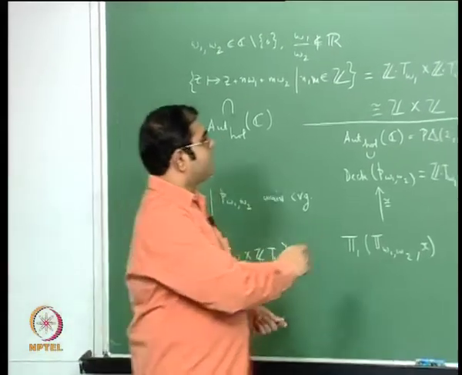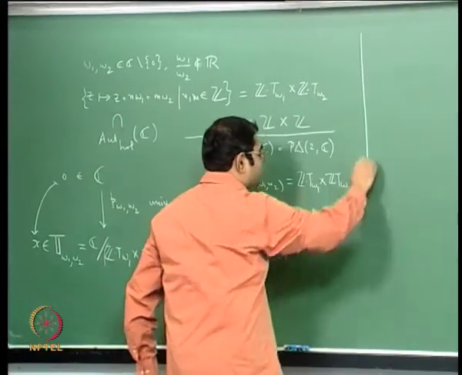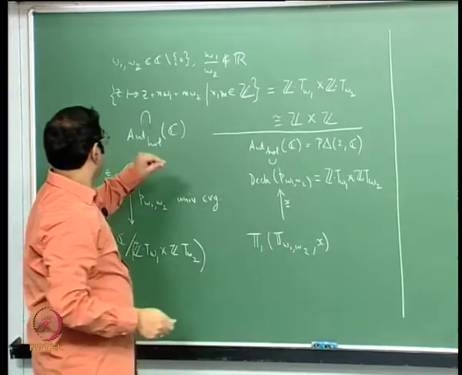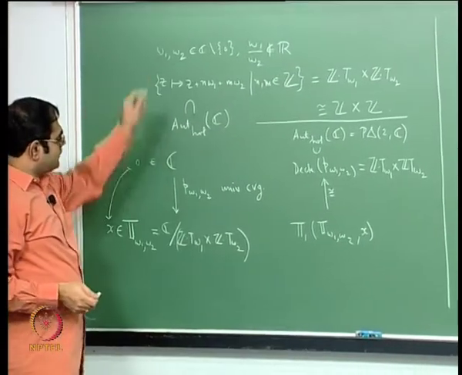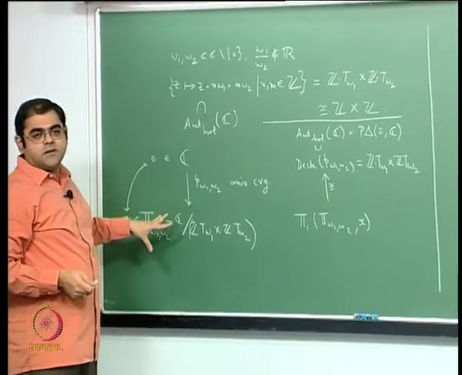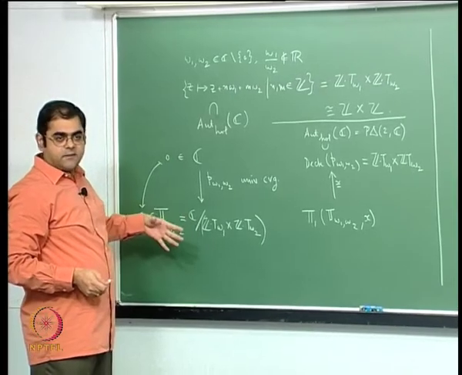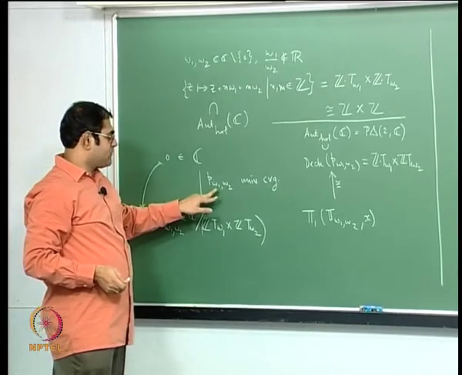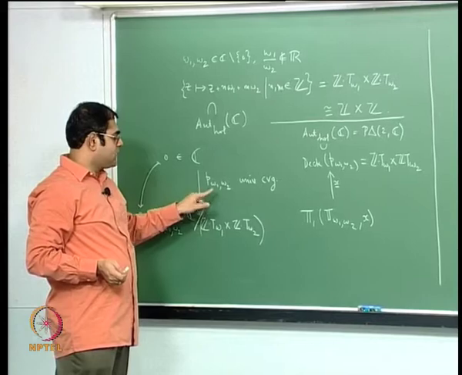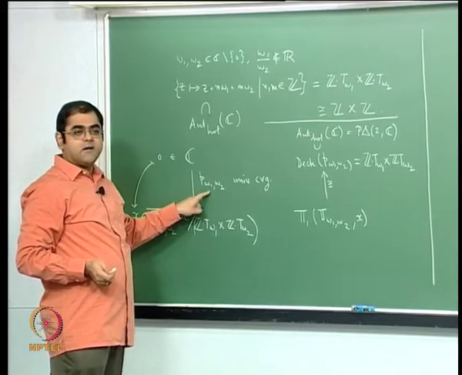Fine. So we want to look at the various possible Riemann surfaces that you can get in this way, which to begin with you would get by varying omega 1 and omega 2.